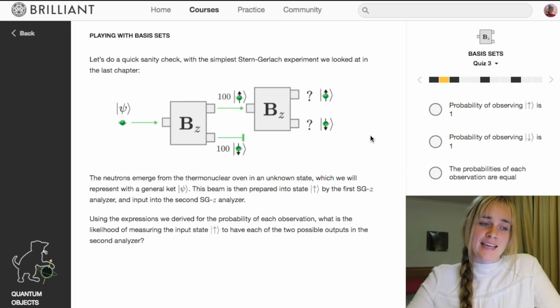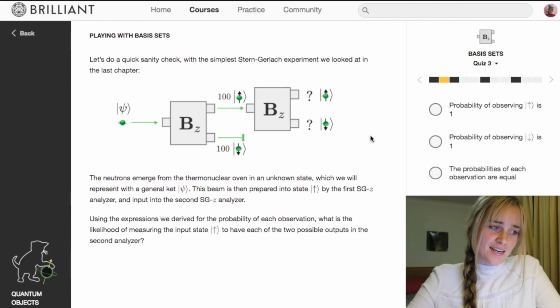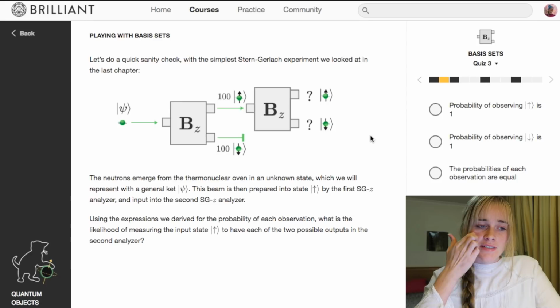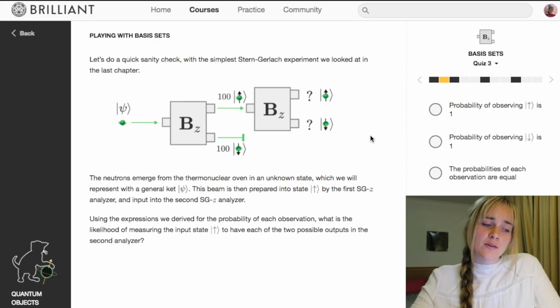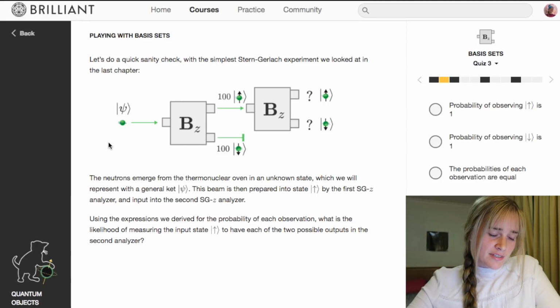So we're looking again at the Stern-Gerlach experiment. You guys corrected me that that's Gerlach, rhymes with back, which is probably not what I said last time. And that was this experiment that could determine if a quantum state is spin up or spin down. It's using some neutrons coming in here that are in an unknown state.